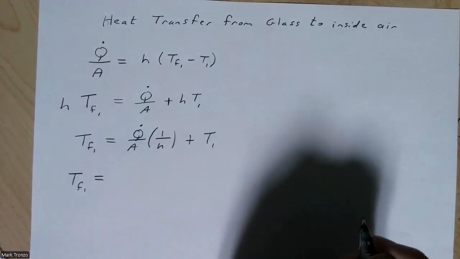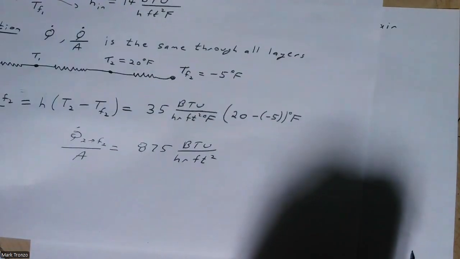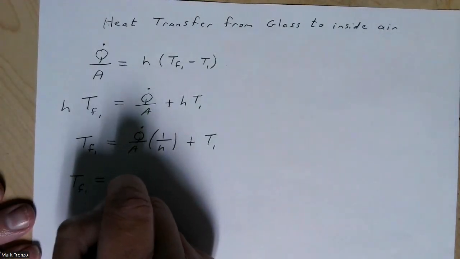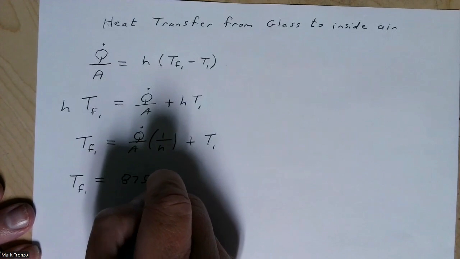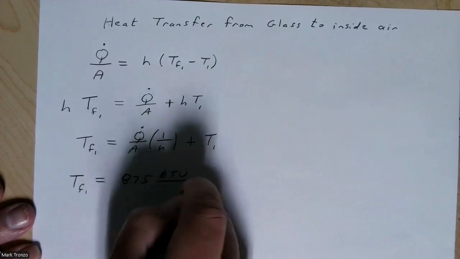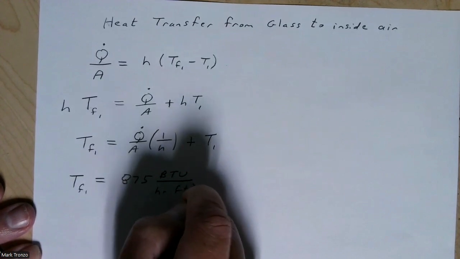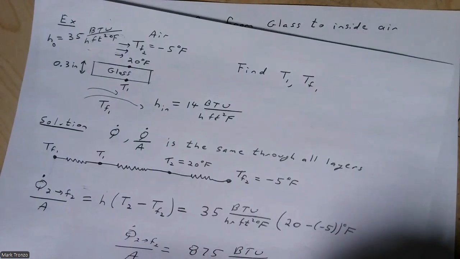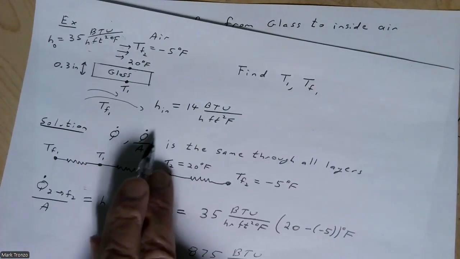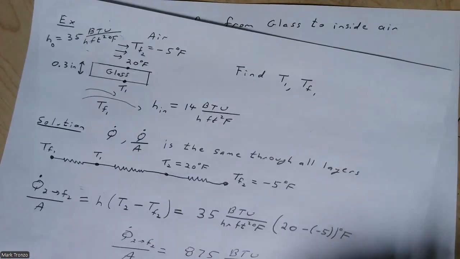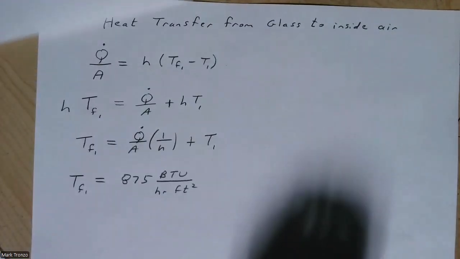And so once again, we know what our heat transfer rate is. We got that at the beginning of the problem, 875. And this h, the heat transfer coefficient on the inside, is 14.